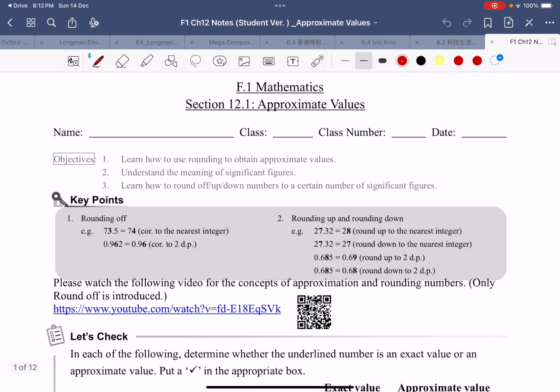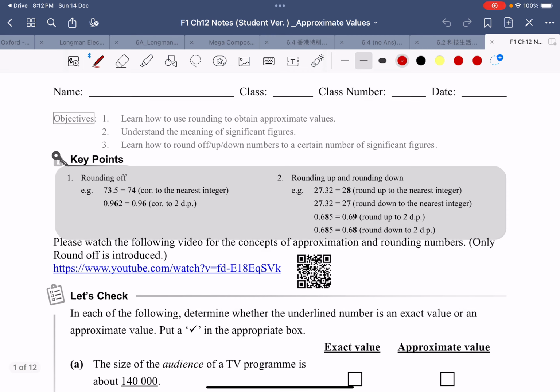So I'll be working through examples with you using GoodNotes on my iPad so you can follow along step by step. By the end of this lesson, you'll be able to round numbers up, round down, and to the nearest place value.